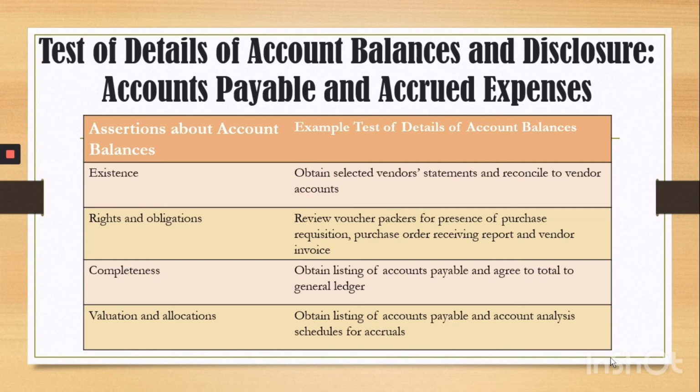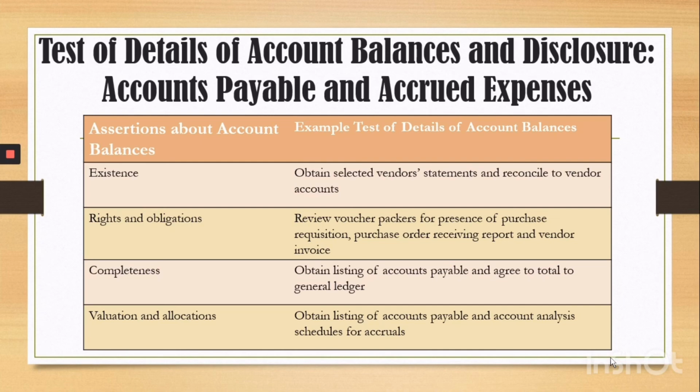As we go to the assertion about account balance, the first one is existence. Existence means the accounts payable and accrued expenses are valid liabilities. So, the auditor may perform tests of details by obtaining the selected vendor statement and reconciling to vendor accounts.